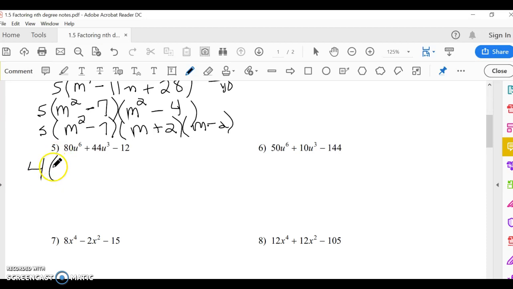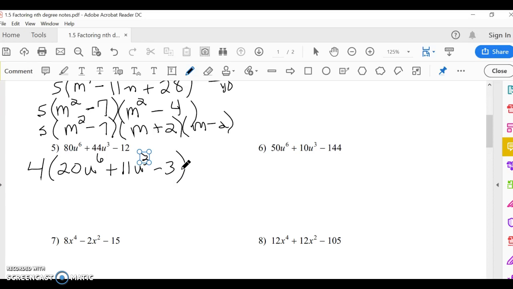And so when we do that, we get 20u to the 6th plus 11u to the 3rd minus 3.